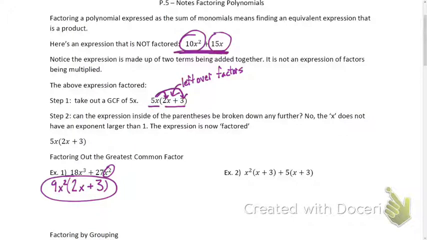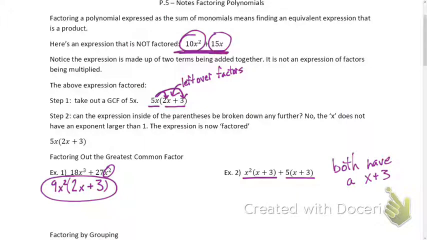For this one, number 2, it is very weird. Think of this as one term, and this is a second term right there. So look at the 2 underlined purple things. What do they both have? They both have x plus 3.